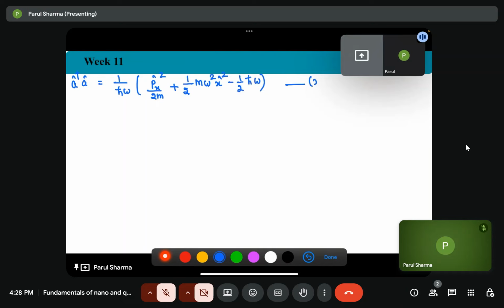This is equation 2, and for a a dagger, I'm writing this as equation 1: a a dagger is 1 upon h cross omega.